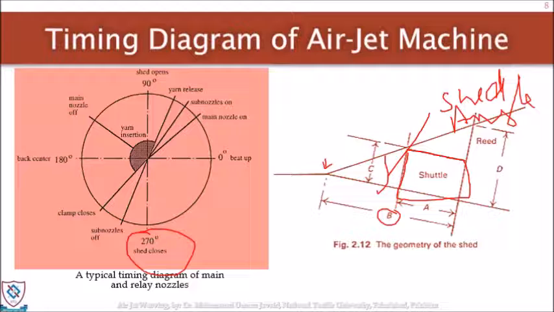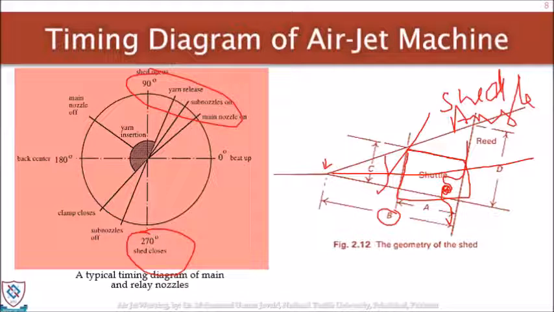While we need a profile reed, for example, like this, and we need to insert the weft only in this portion, so we do not require a very big shed opening. A small shed opening is required. The small shed opening can adjust for this difference, that the weft starts before the shed opening.